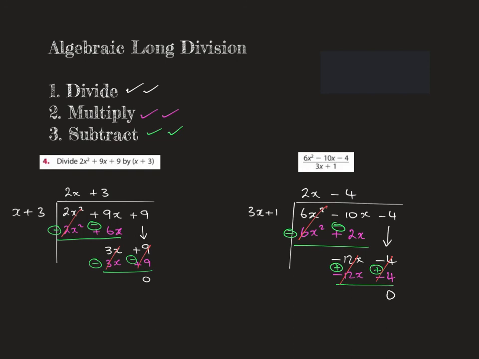So again, 6x squared minus 10x minus 4 divided by 3x plus 1 will leave me with an answer of 2x minus 4. So I can say that 2x minus 4 is a factor of 6x squared minus 10x minus 4. Similarly, 3x plus 1 is also a factor of this. So my two factors are there.